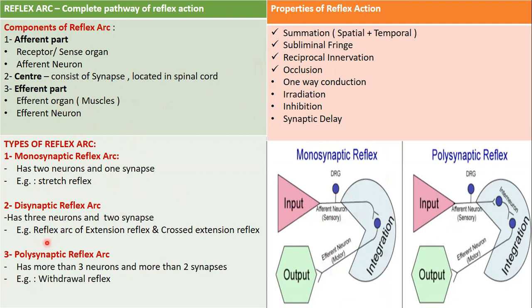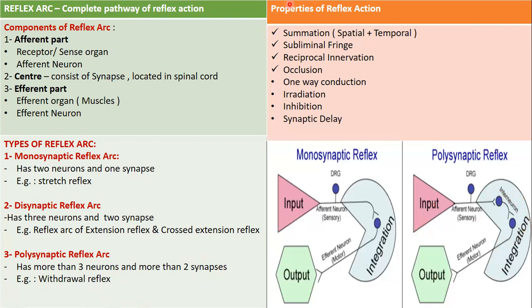Then disynaptic, it means there are three neurons and two synapses, and examples are the crossed extension reflex, which we have discussed already. Then we have polysynaptic, which means many neurons and synapses. The example is basically the withdrawal reflex, and we have seen what the withdrawal reflex is all about.